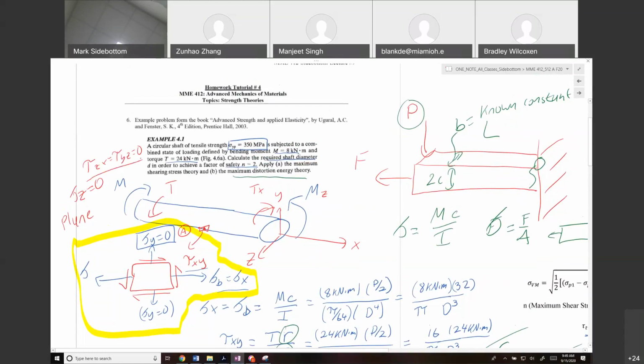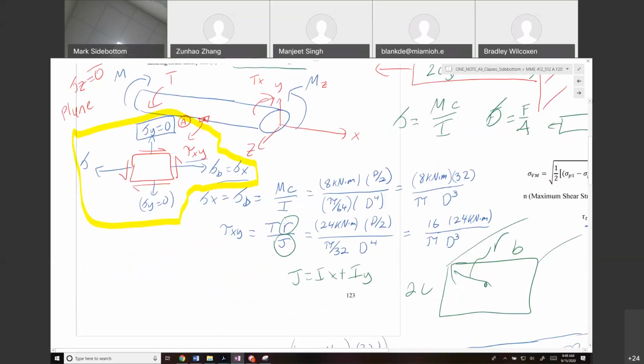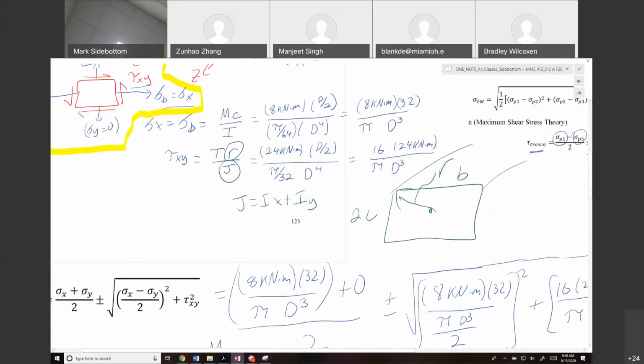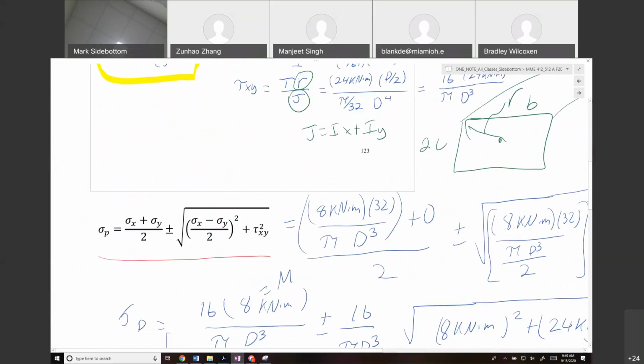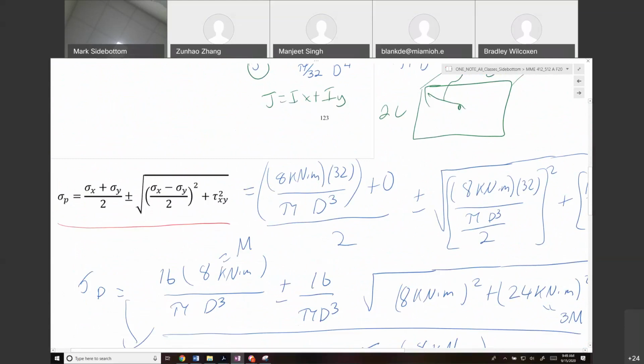Because of that, we have a 2D case of stress. So that's why we could use this equation here to solve for our principal stresses.